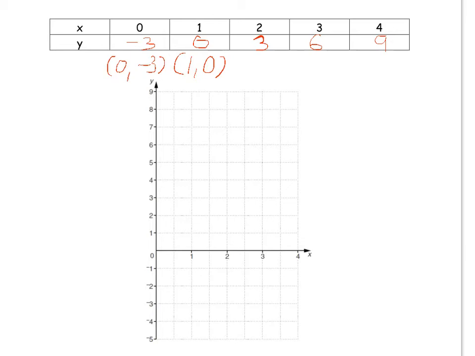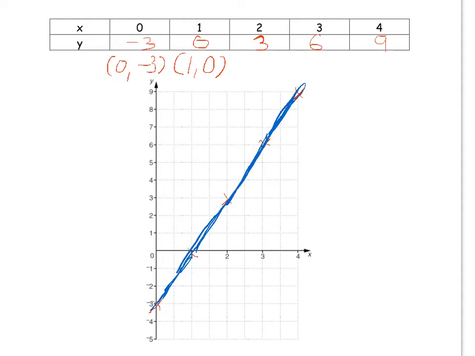Then, we must remember to join these up with a straight line using a pencil and a ruler. Remember, you're provided with a ruler and a pencil in your packs. So, 0, minus 3, 1, 0, 2, 3, 3, 6, and 4, 9. Now, you are going to pick up a ruler at this stage to draw a nice, neat line. It's a bit more difficult on here, but you end up with something along them lines.